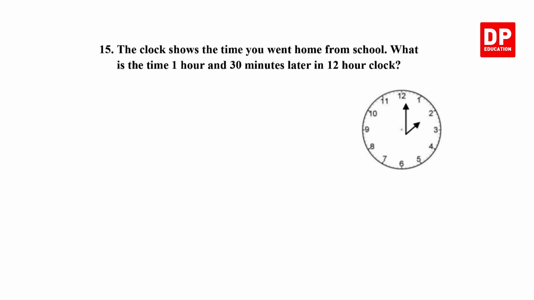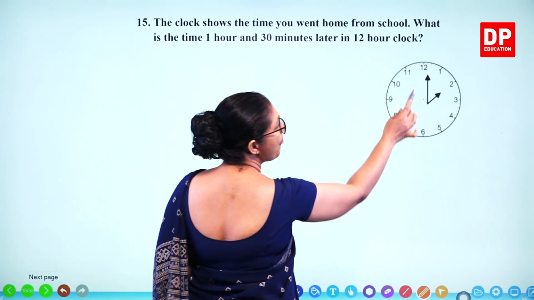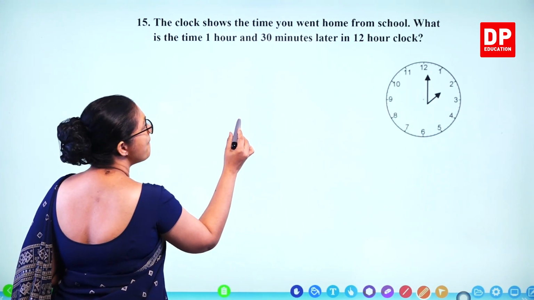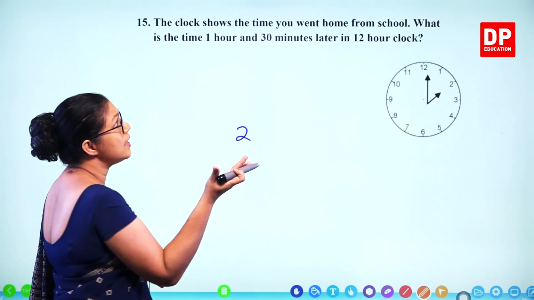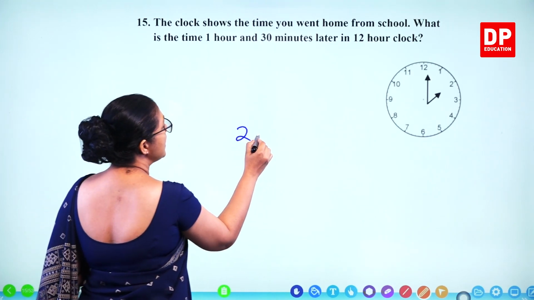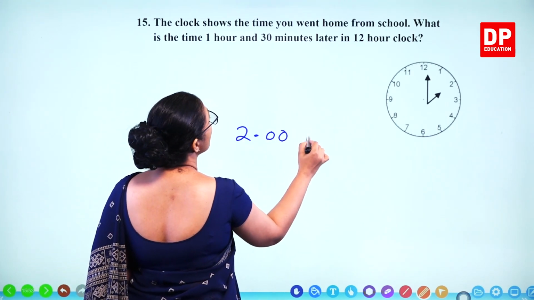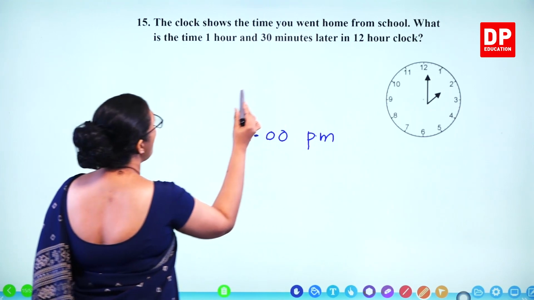Question number 15. The clock shows the time you went home from school. What is the time 1 hour 30 minutes later in 12-hour clock? So what's the time now? Here it shows like 2 p.m. because this is after school. 2 p.m. and then 1:30.